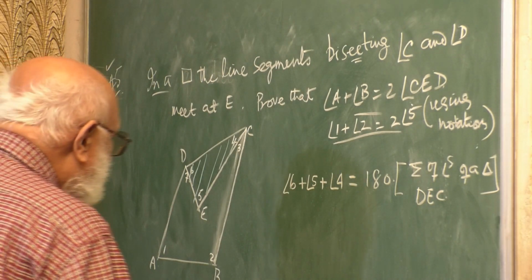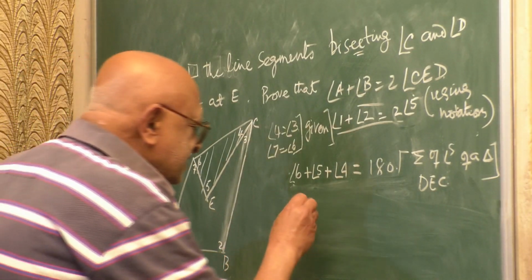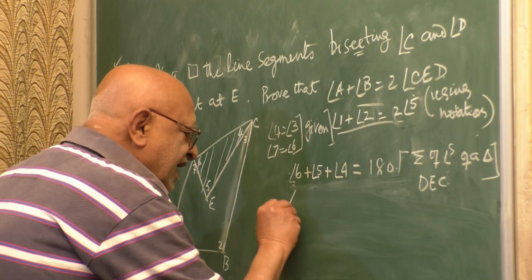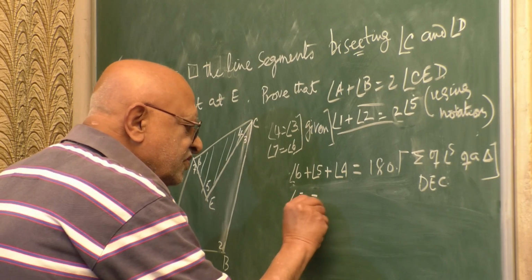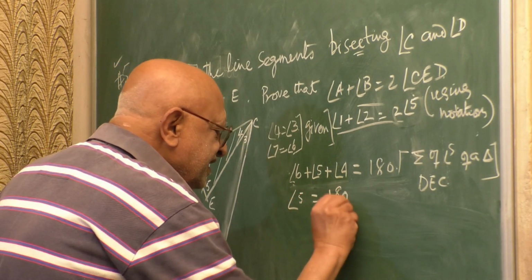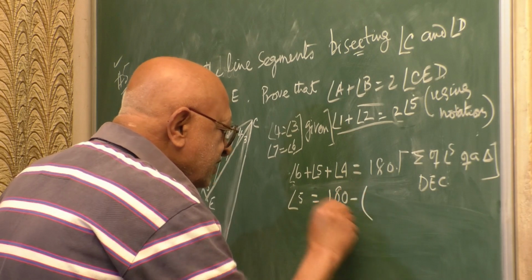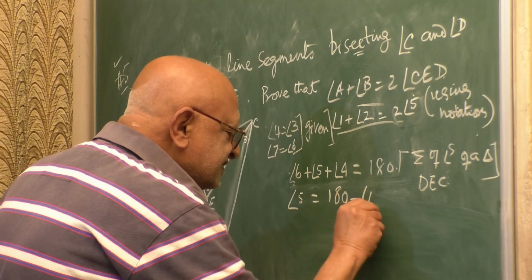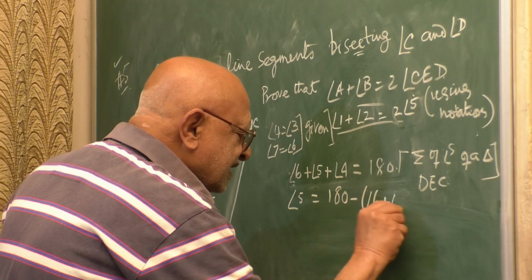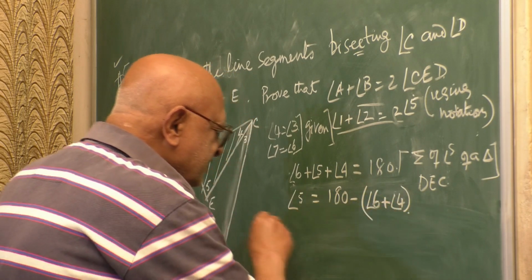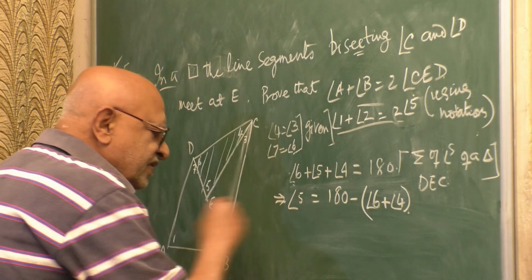Now in this way, I can have angle 5 is equal to 180 minus (angle 6 plus angle 4). This is possible directly from here to here.